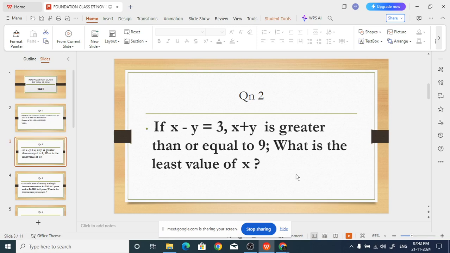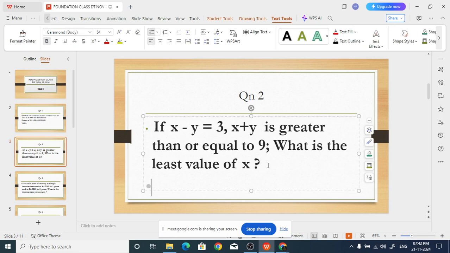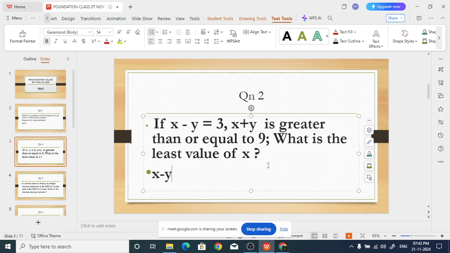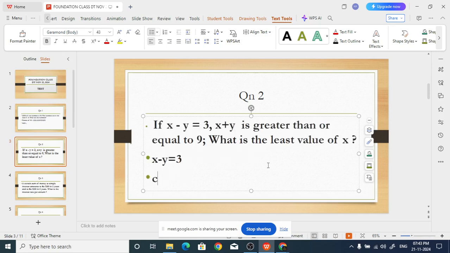No, I am saying there are two simple equations: x minus y equal to 3, and another equation, x plus y equal to 9. So how will you find x? Why are you not getting the answer? What will you do?